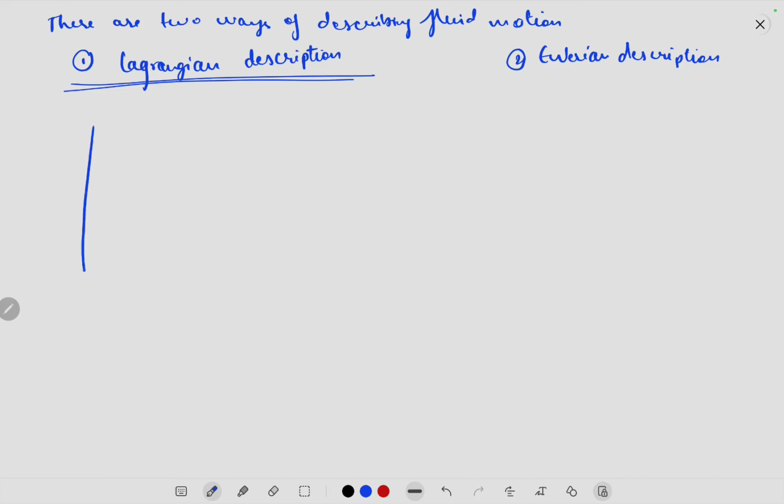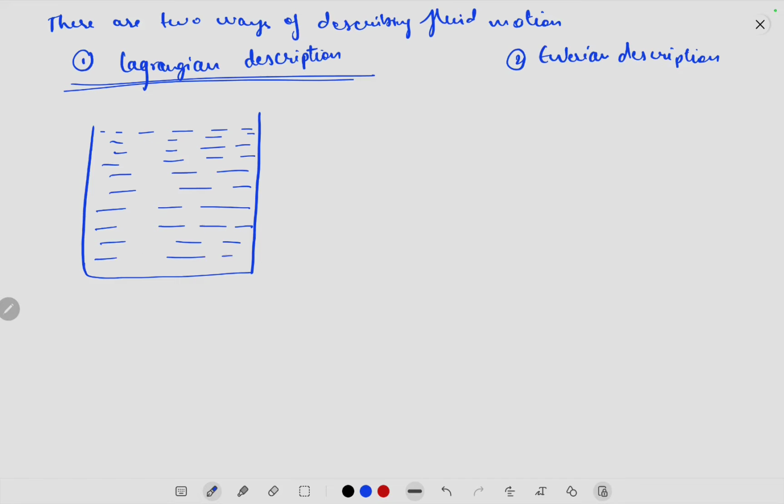So let's consider a fluid, let's say in this container. Okay, I have fluid. Now if I am interested in how a particular, let's say there is this small fluid element.